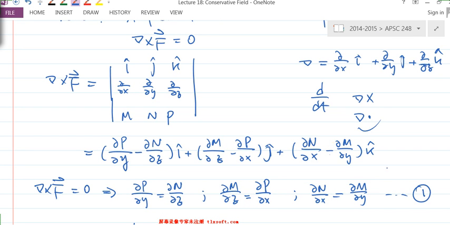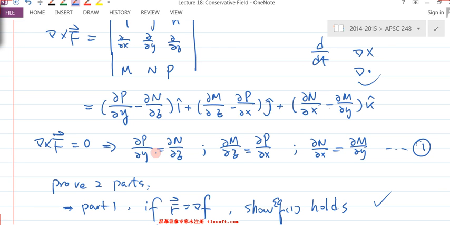In other words, all you need to do is calculate 6 partial derivatives and do this comparison using the formula sheet. If they're all the same, these two the same pair, these two the same pair, these two the same pair, then what's your conclusion? F is conservative. So it's pretty straightforward. There's really no trick here. Just apply the operations, you'll be fine.